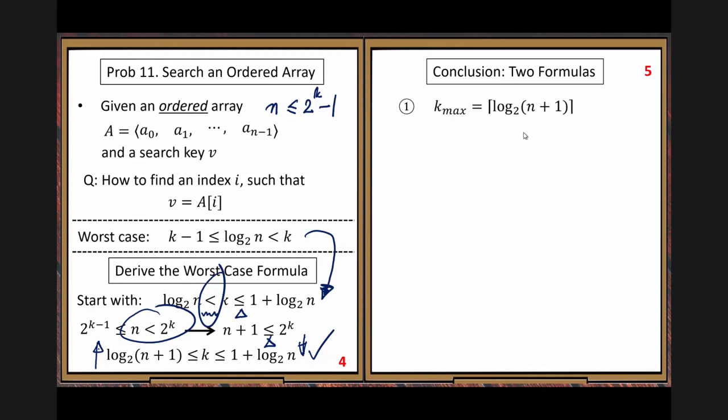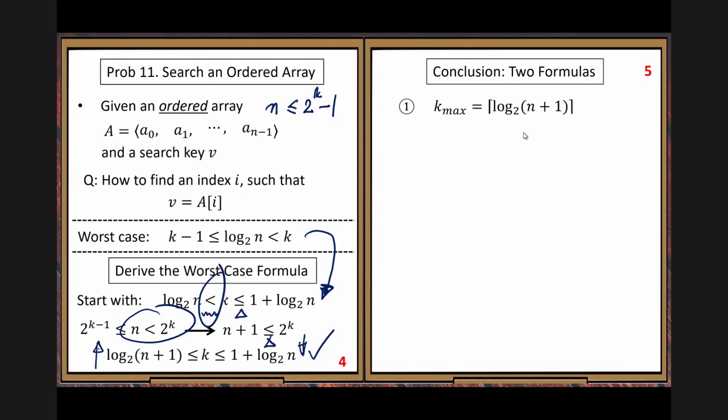The first formula, K sub max, the maximum number of comparisons. The K comparison number that corresponds to the maximum number of comparisons. That's the worst case, right?